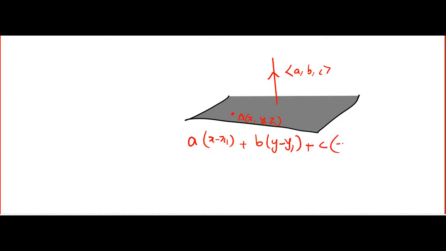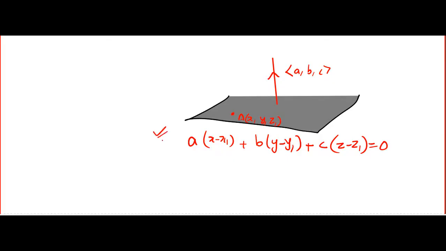So let me make it very clear. If you did not understand the derivation, I will strongly recommend you just memorize this. So given one particular point on the plane x1, y1, z1 and the normal direction a, b, c, the equation of the plane will be a(x minus x1) plus b(y minus y1) plus c(z minus z1) is equal to 0.